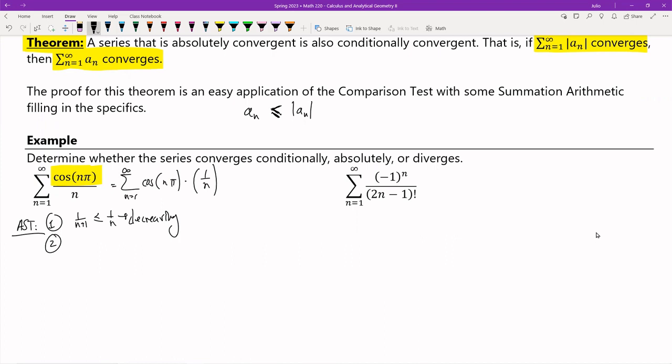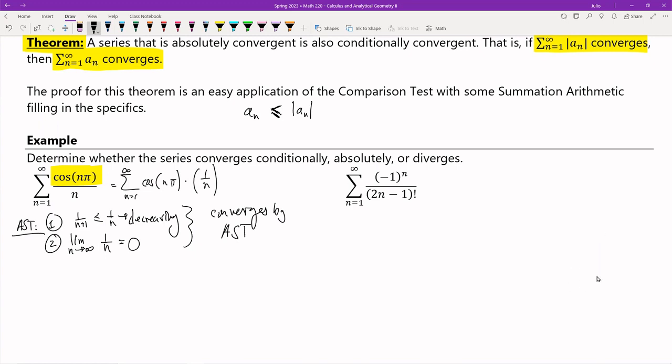And 2, this is sort of a repeat of an example I did before, the limit as n goes to infinity of 1 over n is equal to 0. So using both of these, our series converges by the alternating series test.